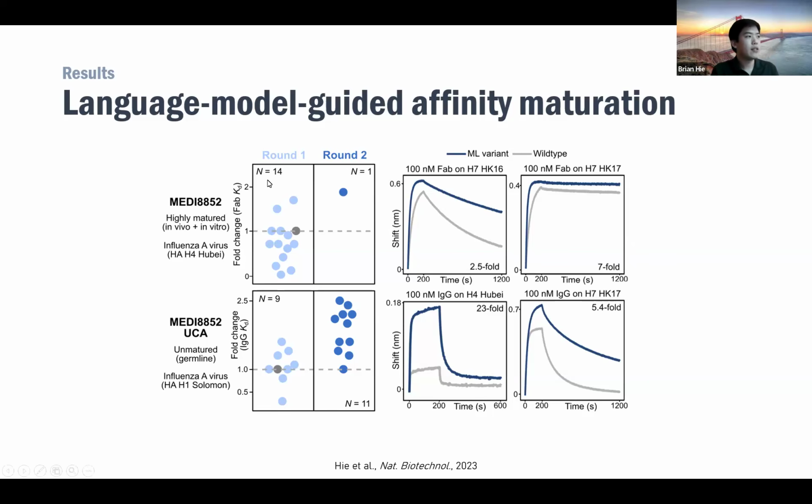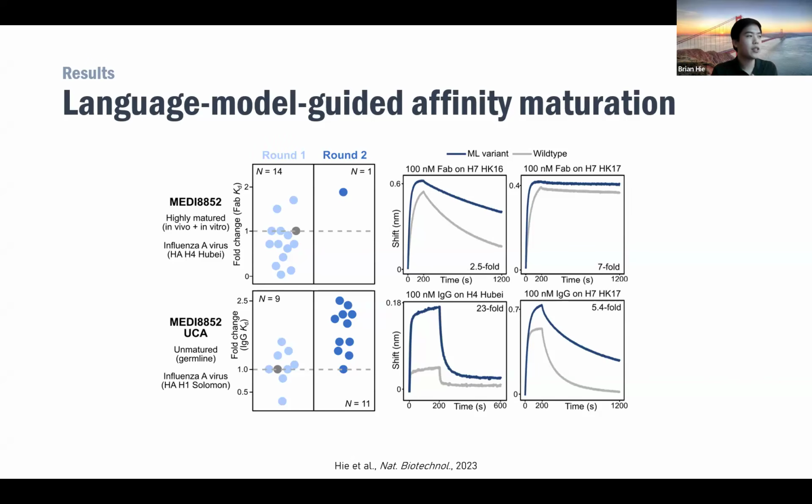So in the first round of evolution, we use a general protein language model that's not specialized to antibody sequences, and we pick 13 amino acid substitutions to the variable region of this antibody. And these are the amino acid substitutions that have higher language model likelihood than wild type. So we test 13 of those language model recommended substitutions in the lab, which are these light blue dots in the slide.